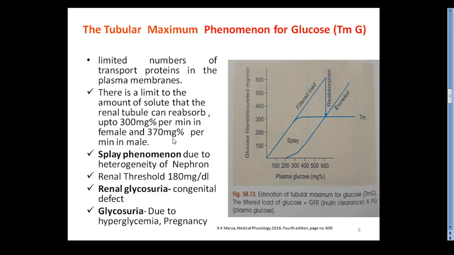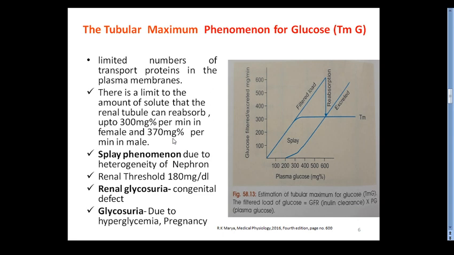And what is renal threshold regarding this? This is the tubular maximum for glucose. The plasma level of glucose at which glucose begins to appear in the urine is called the renal threshold for glucose, and it is 180 milligram per dl.